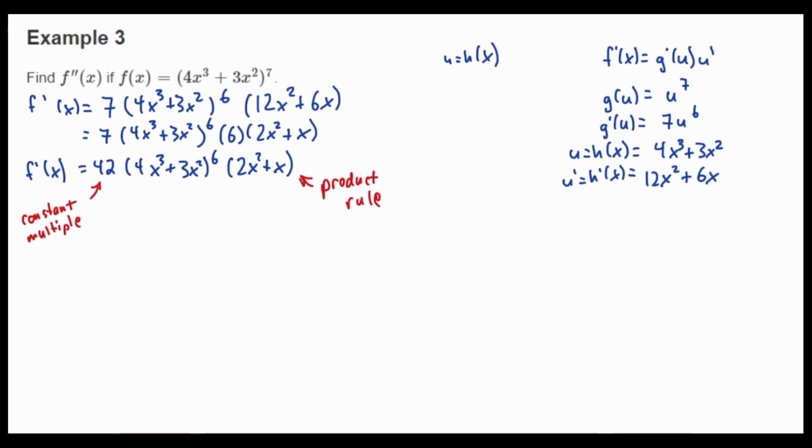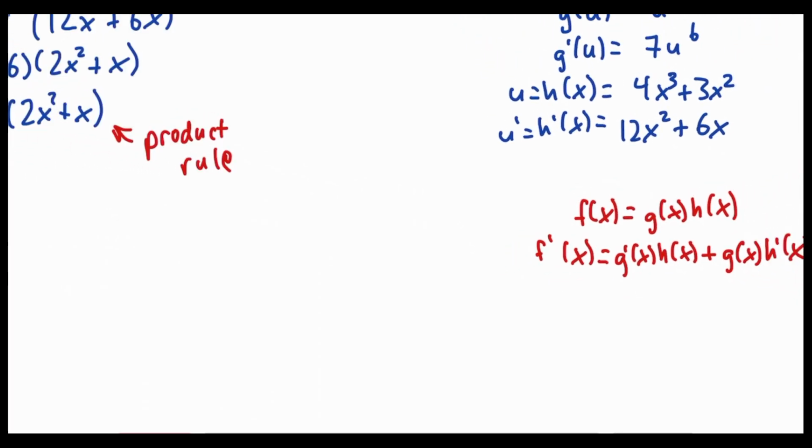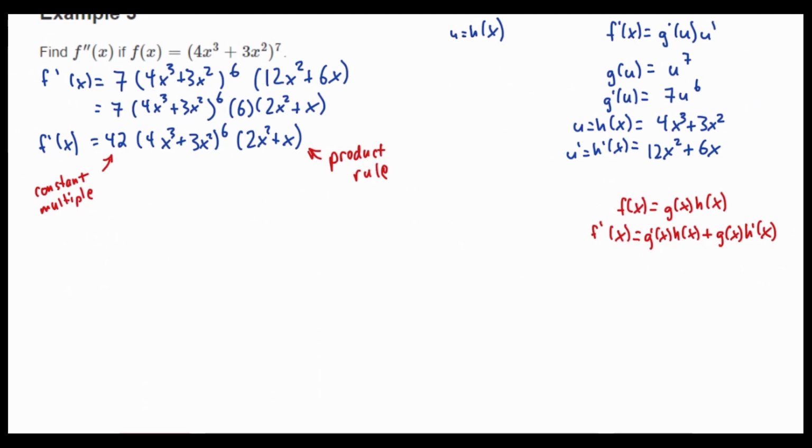We recall that if f of x equals g of x times h of x, then f prime x is going to be equal to g prime x times h of x plus g of x times h prime of x.